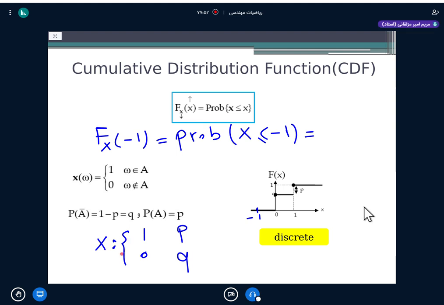Our random variable takes the values 0 and 1 with the probabilities of Q and P. The probability that our random variable is less than or equal to -1 is equal to what? What should I write here?